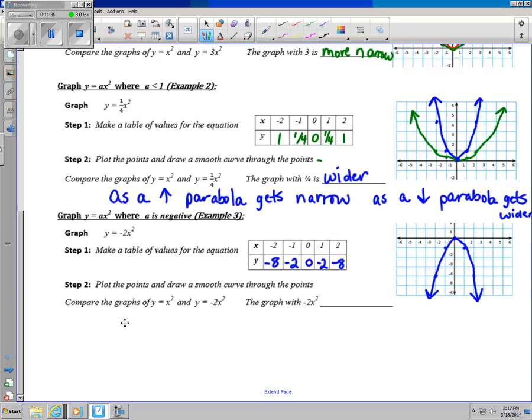Okay. All right, when we compare the graphs of y equals x squared and y equals negative 2x squared, the graph with the negative 2x squared is obviously going to be more narrow. More narrow. But most importantly, it is an upside down parabola.